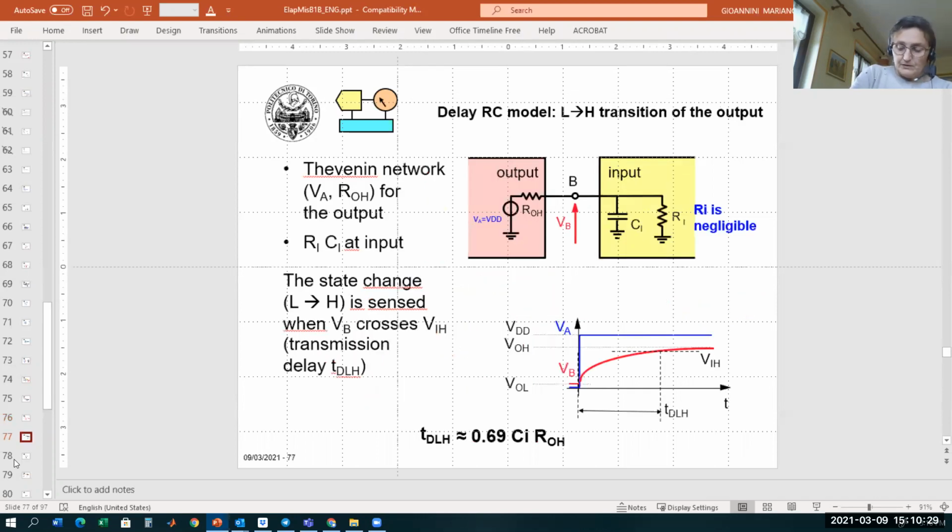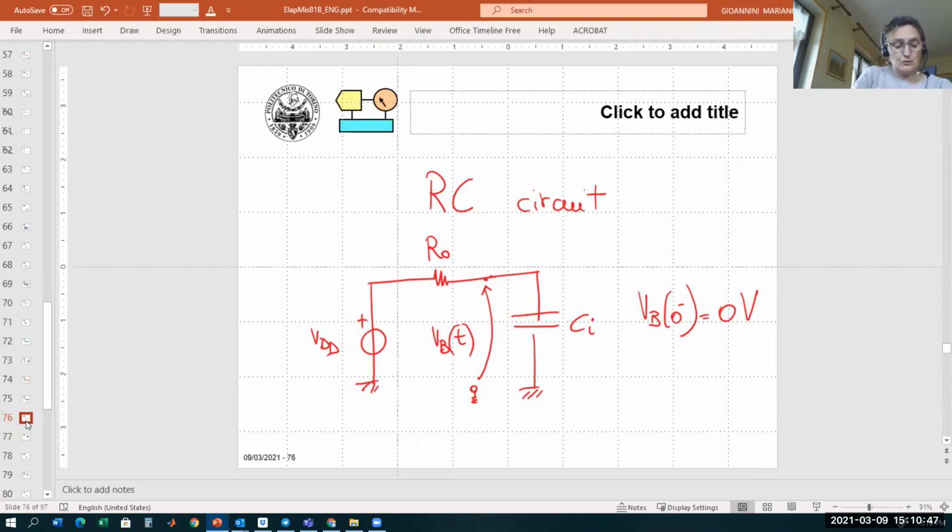This is reported in these slides. So this slide is showing what I just told you. And then we have now to plot the voltage VB(t). So if we go back to this circuit, can you explain at least in a qualitative way what the transient of VB(t) looks like?